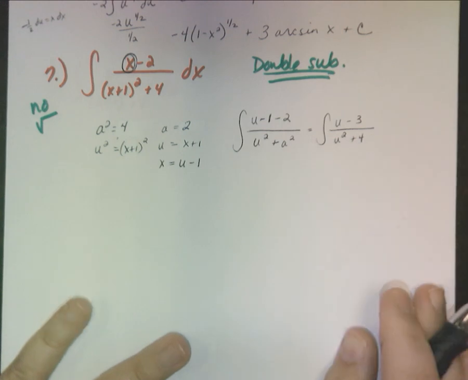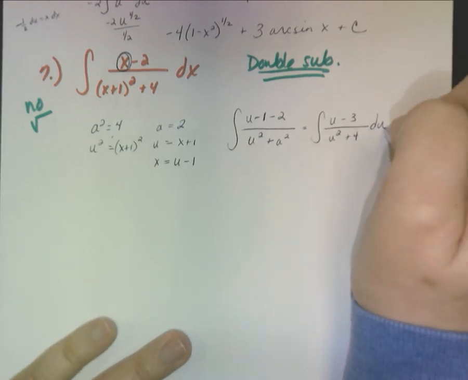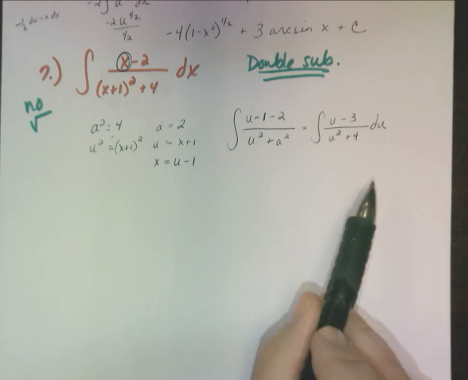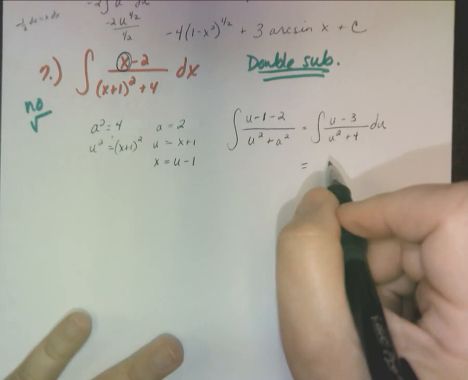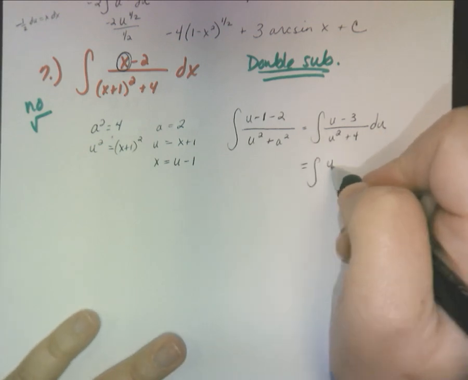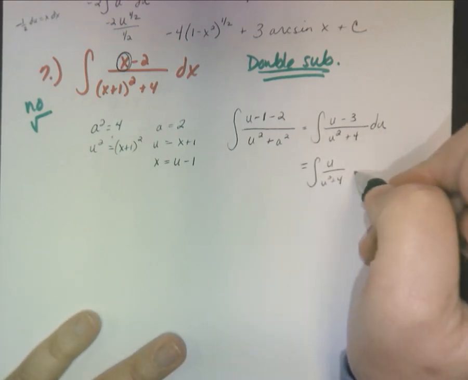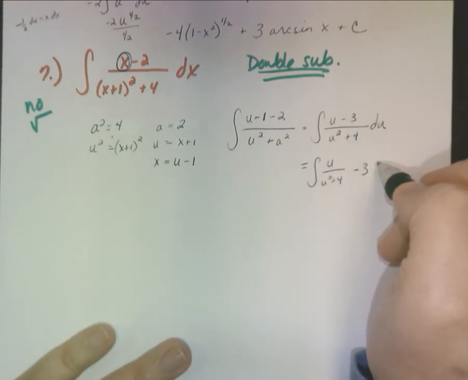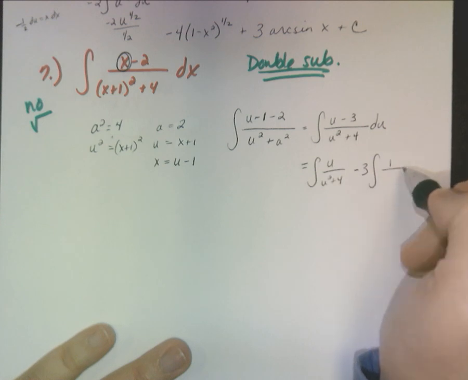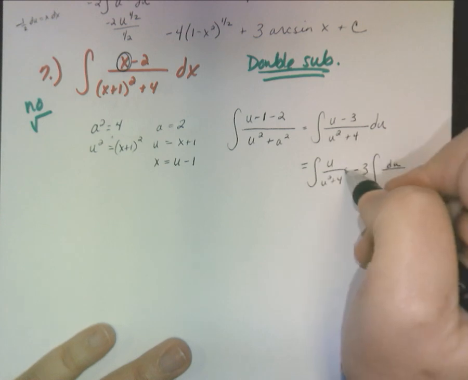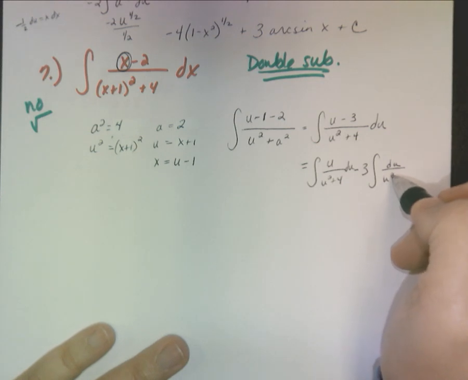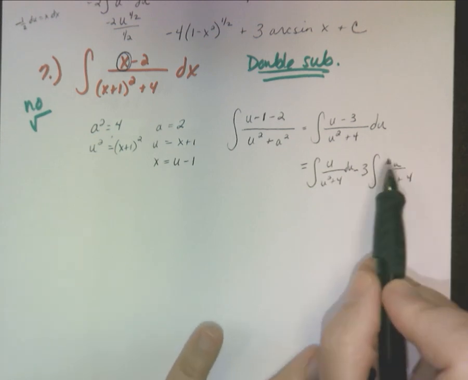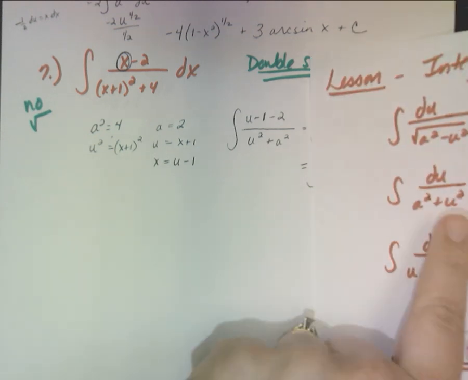We'll just leave it as plus 4 because that's our constant, du. And now I can actually separate this into integrals. So this would be the integral of u over u squared plus 4, minus 3. I'm going to pull that 3 out. Times the integral of, we'll put du, I keep forgetting my du, over u squared plus 4.